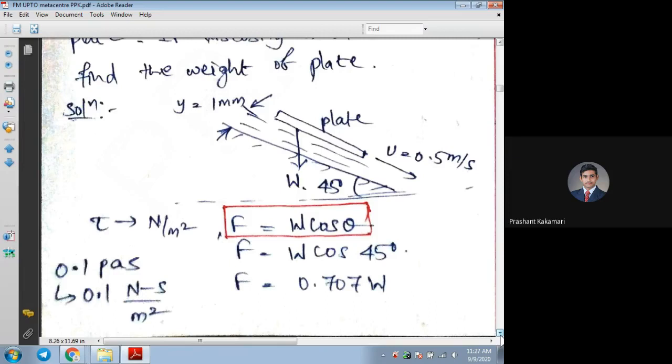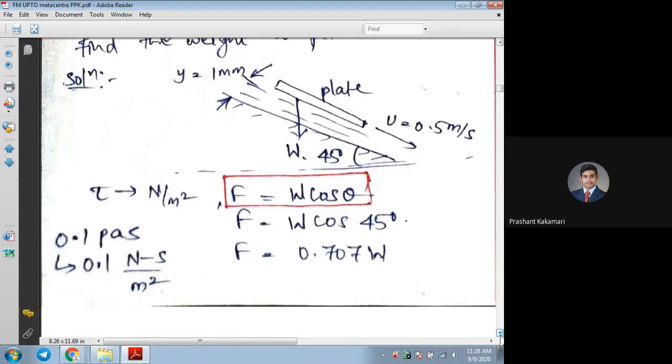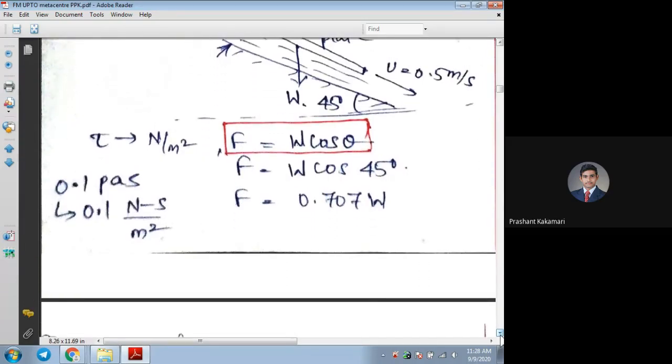So keeping W as unknown, they are finding only cos 45 because of the adjacent and hypotenuse lines, assuming the angle is given, so we don't need the length of the lines. So F will be 0.707 into W. And the conversion of Pascal is given at the side, which we have already discussed.